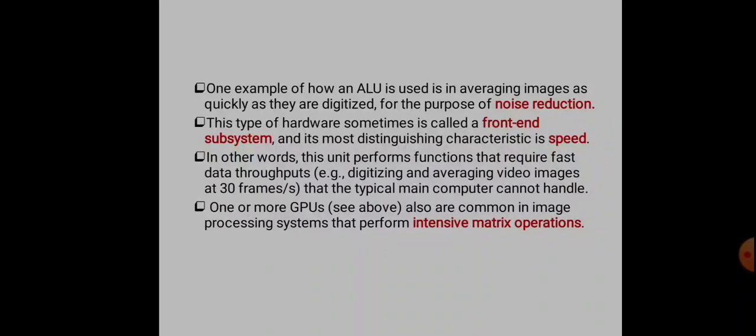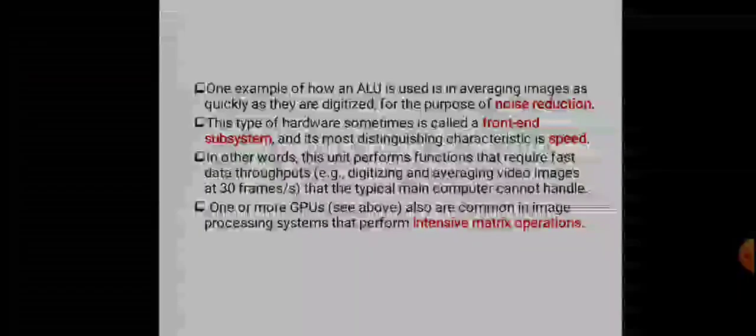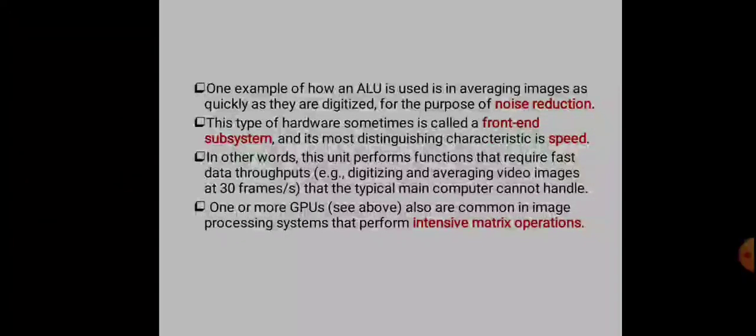In other words, the unit performs functions that require faster data throughput than the typical main computer can handle. So speed is one of the important parameters in this specialized hardware processing.